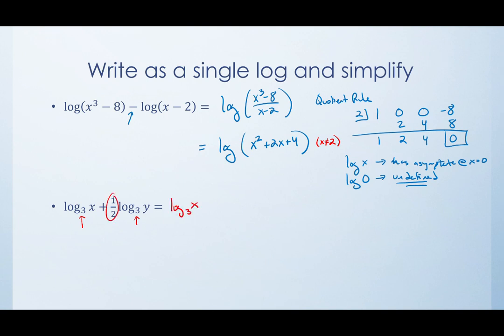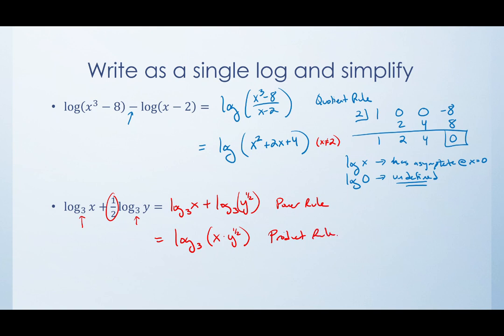So we've got log base 3 of x plus log base 3 of y to the 1/2. That's the power rule. Then we've got a sum of logs, so I can use the product rule: x times y to the 1/2, or if you like, x times square root of y. It's all good.